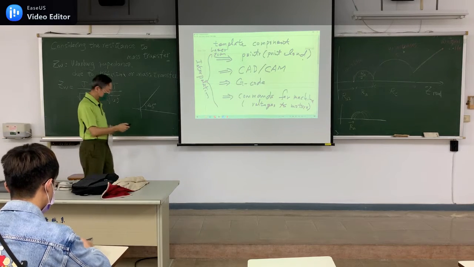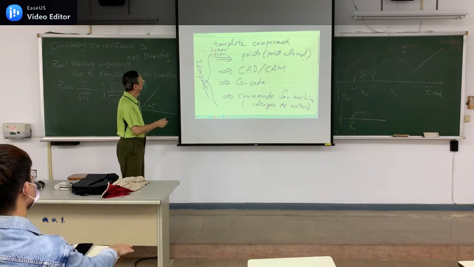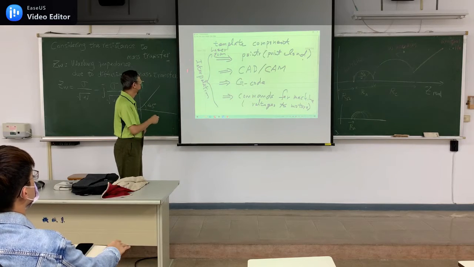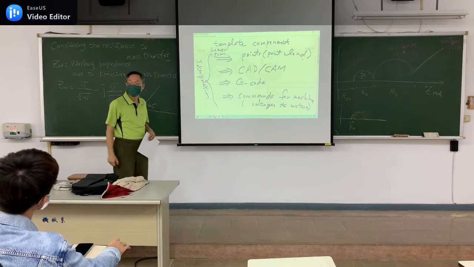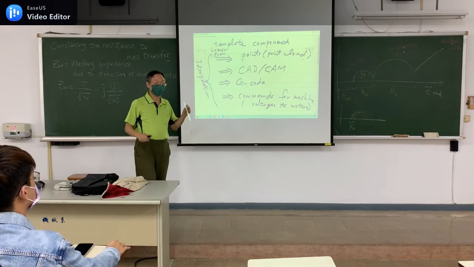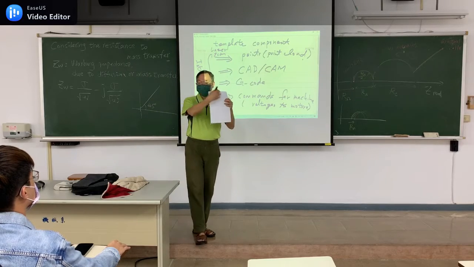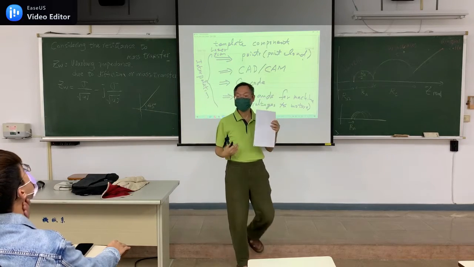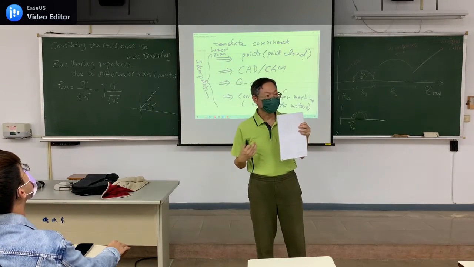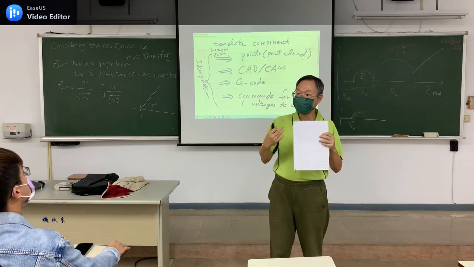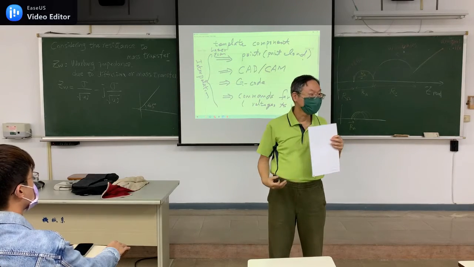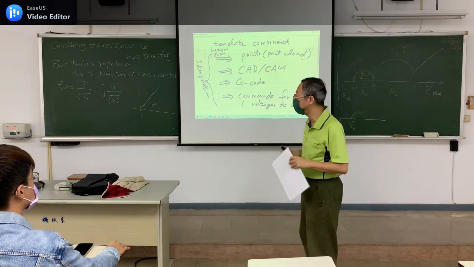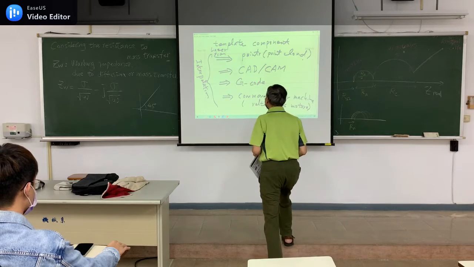We can call from here to here integration, including the geometry of the object you want to machine and providing the velocity profile and so on. All of these can be called integration.